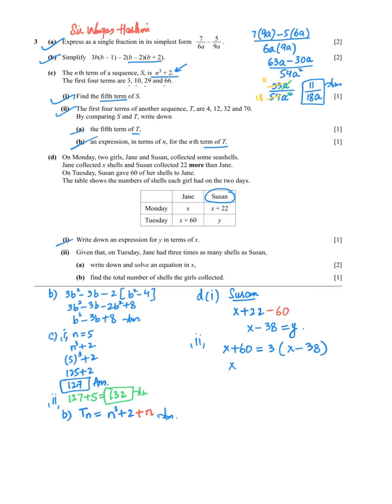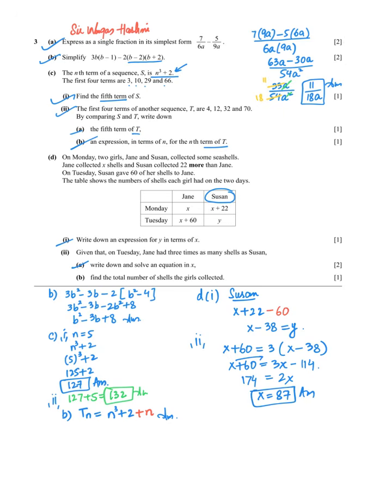So X plus 60 equals 3X minus 114. Shift X to the right side: 3X minus X is 2X, and 60 plus 114 is 174, and you need to divide it by 2. So the value of X we got is 87, and that is your answer.